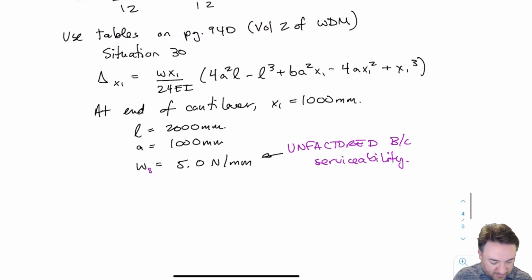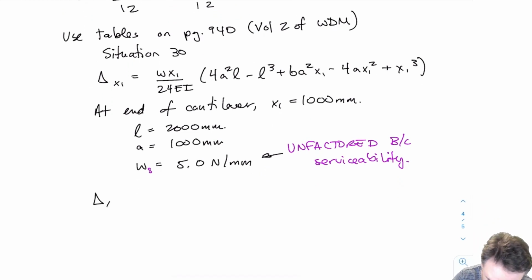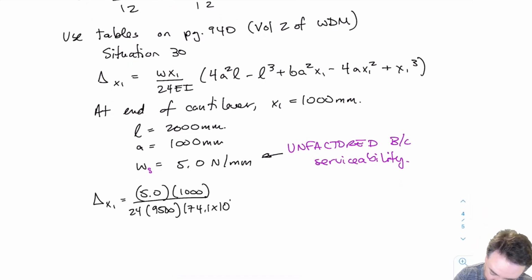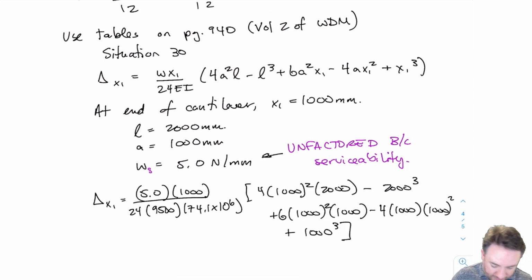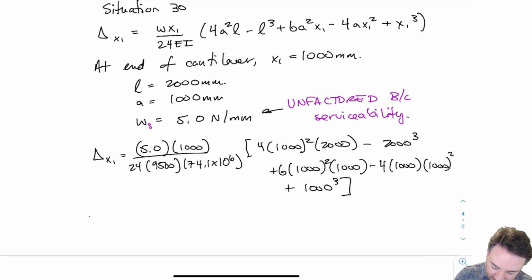Now if I sub that in, just bear with me. Okay, so I sub all those numbers in. Very easy to make a mistake here. I double and triple check this in my example, and I get that my delta x1 equals 0.89.